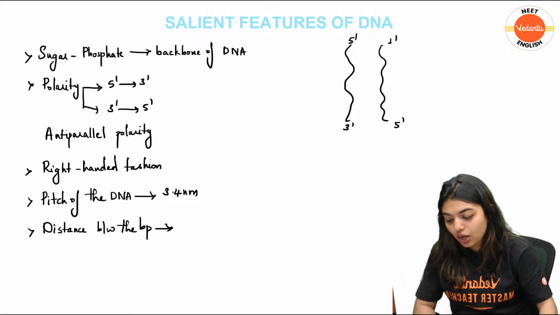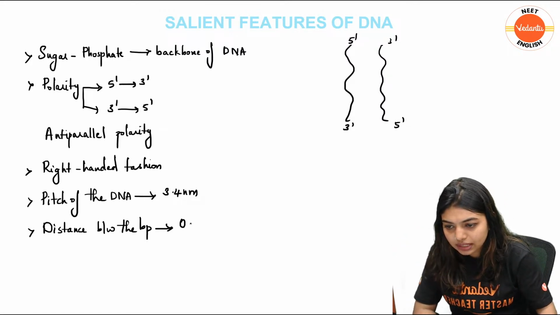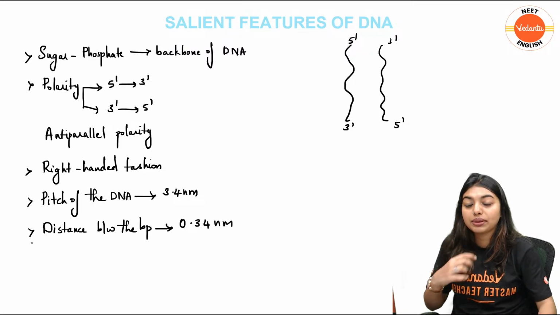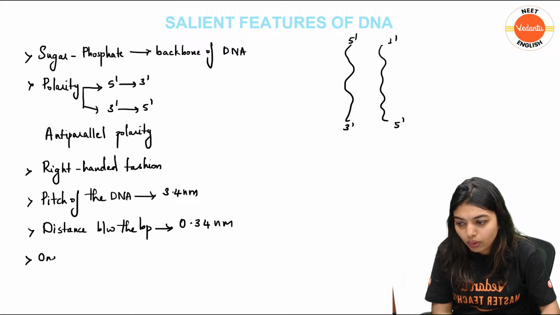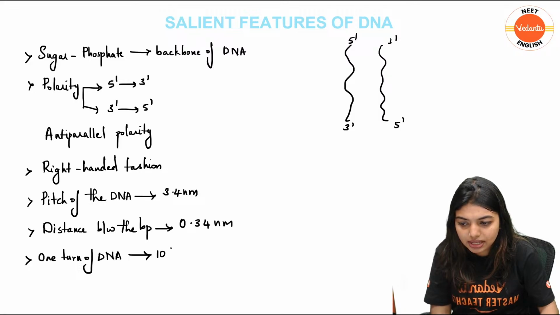It is approximately 0.34 nanometer. And how many base pairs will be there in one turn of DNA? One turn of DNA will have around 10 base pairs.